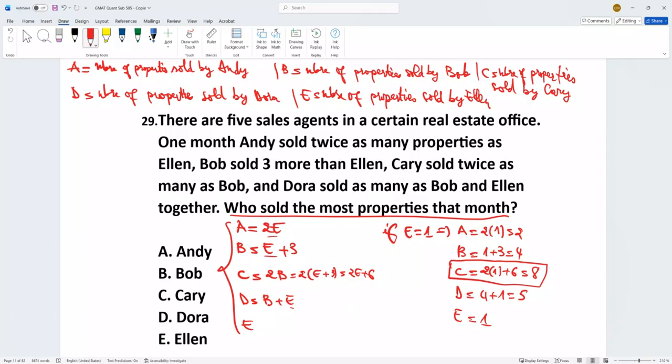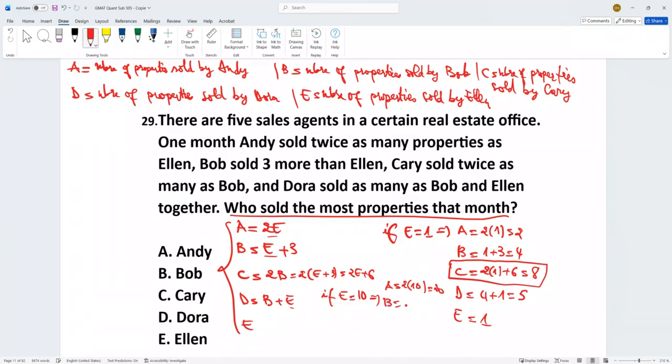You will find out that no matter the value of E, okay, if you say E, for example, sold 10 properties, we will always find that C will have the greatest number of properties sold, okay, because this is equal to 10. A will be equal to 2 times 10, which is 20.